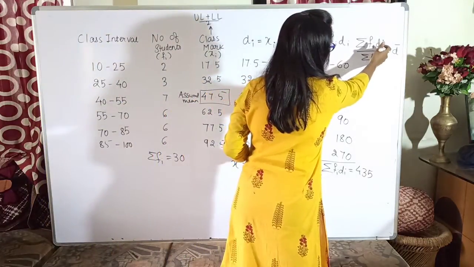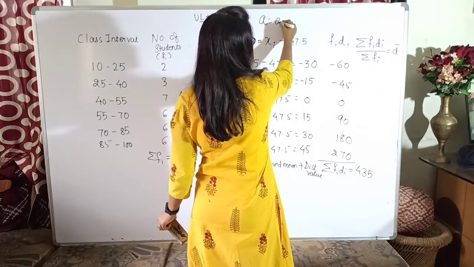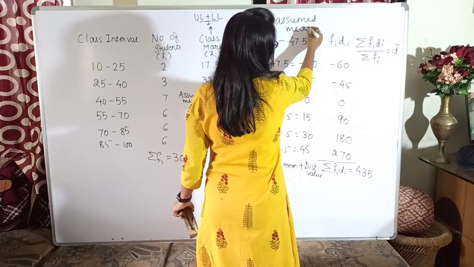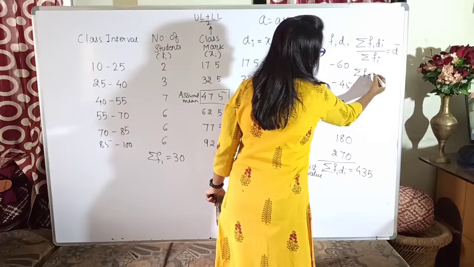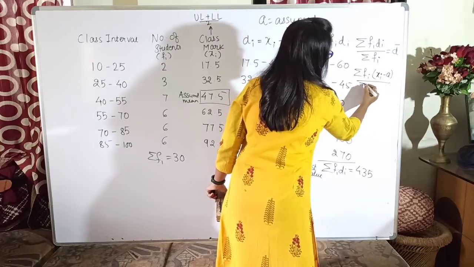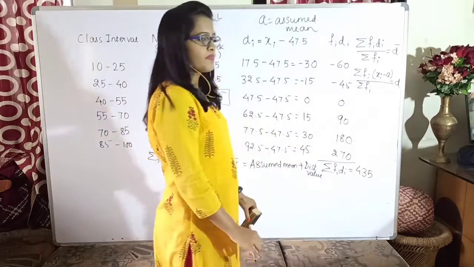If I replace this di with xi minus a, where a is your assumed mean, what will it be? Summation of Fi in bracket xi minus a divided by summation of Fi, which is equal to d bar.